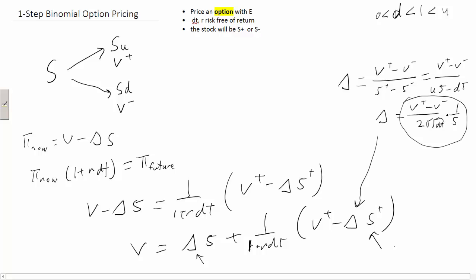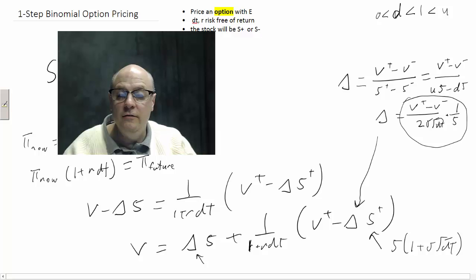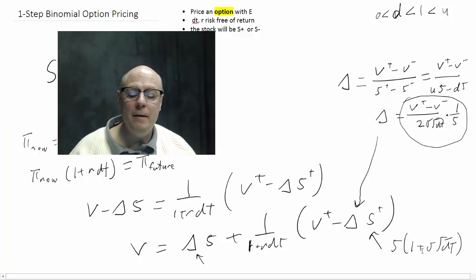And this s plus, I need to turn that into s times u, and the u is 1 plus x, and the x is sigma root dt. So I need to put all these things into the formula and then clean it up, do some algebra and simplify. I need some more space with that.